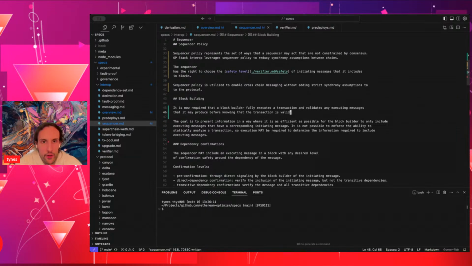It is now required that a block builder fully executes a transaction and validates any executing messages that it may produce before knowing that the transaction is valid.